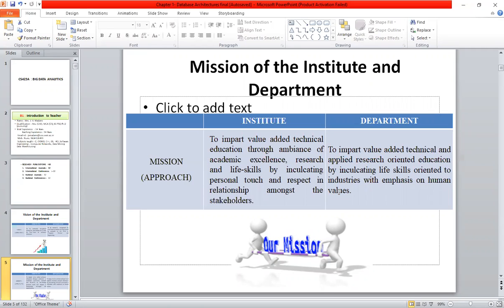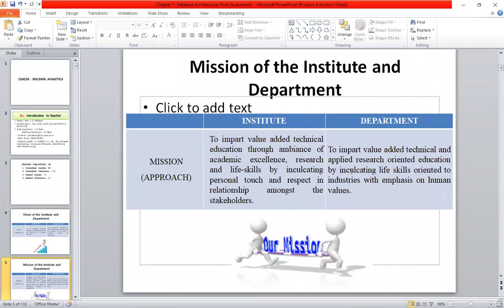The institute mission is to impart value added technical education through an ambience of academic excellence, research and life skills, including personal touch and respect in relationship among the stakeholders. Whether you are a civil engineer, computer science, electrical or ENTC graduate, whatever you learn during your degree are life skills, and we interact with our stakeholders.